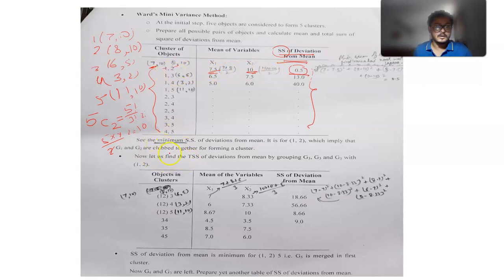So let us find the total sum of square of deviation from the mean of grouping G3, G4, G5 with 1, 2.